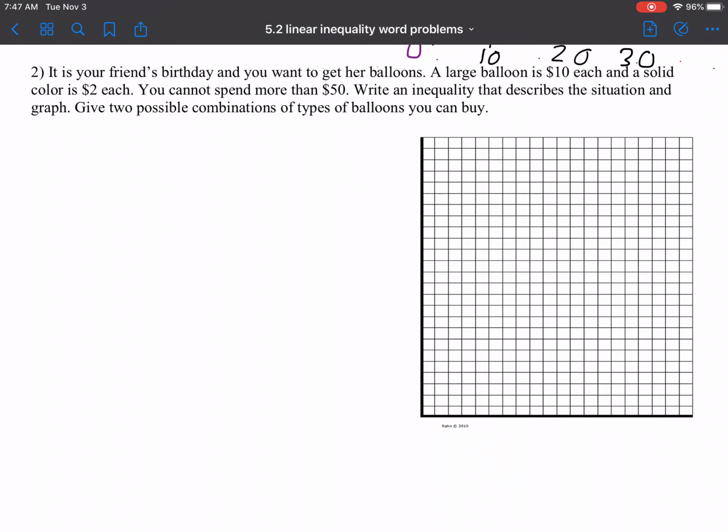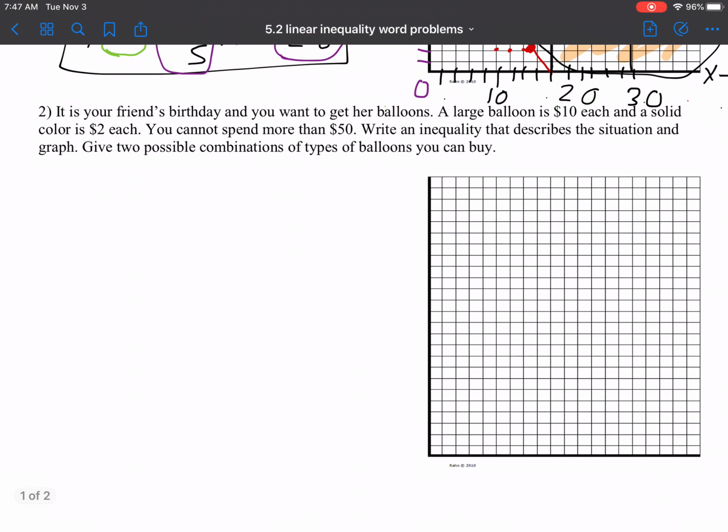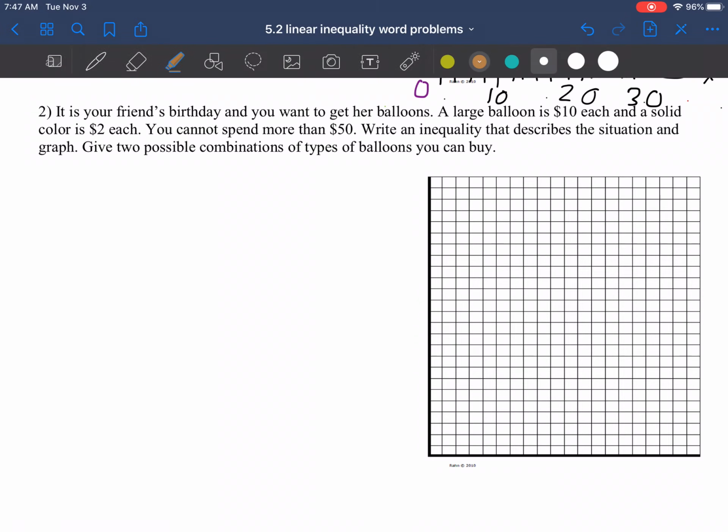So again, you're seeing a pattern here. You're given loads of information, so you need to pull some information out. The first thing you'll notice is that it tells you a large balloon is worth $10, and a solid color is worth $2.